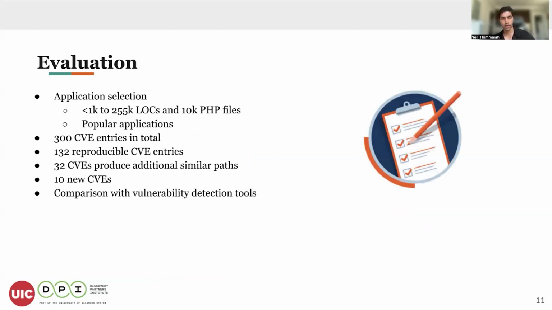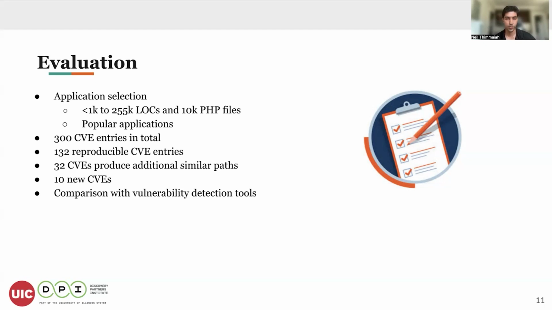So we select 19 applications, which range from a few lines of code to about 255,000 lines of code, spanning about 10,000 PHP files. These are popular applications based on their GitHub stars, as well as how frequently they are used.